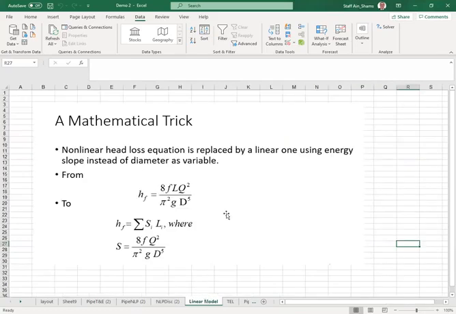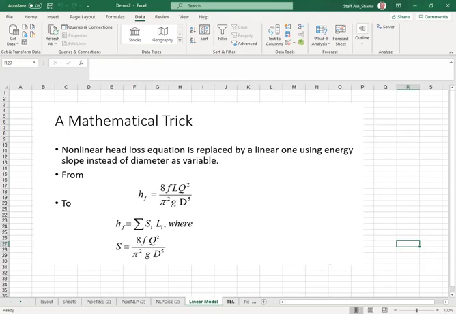This linear model transforms the original formulation from a nonlinear problem to a linear problem by expressing the head loss equation in terms of candidate pipe lengths, where the S here, the slope of the friction line, is expressed as 8FQ squared over pi squared multiplied by g D to the power 5. And this substitution will replace the nonlinear diameters with linear lengths of pipes.